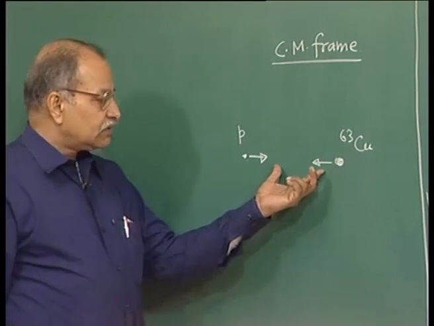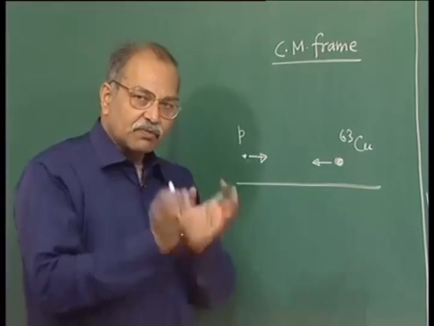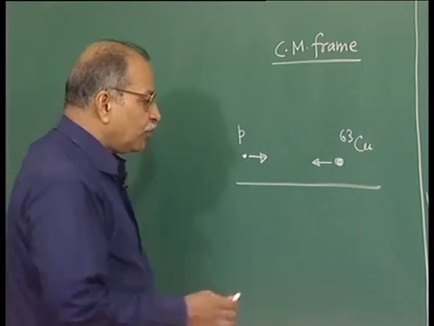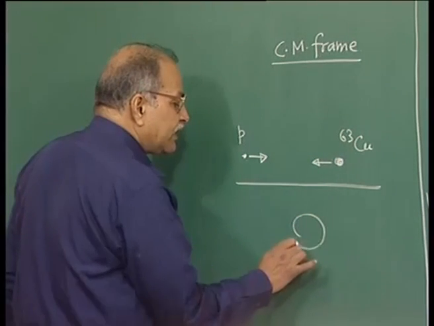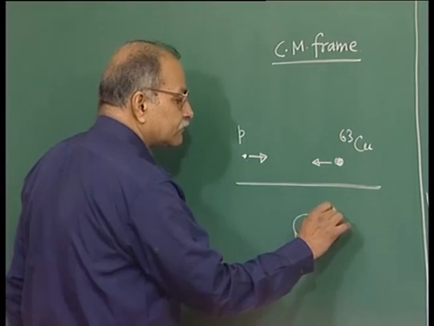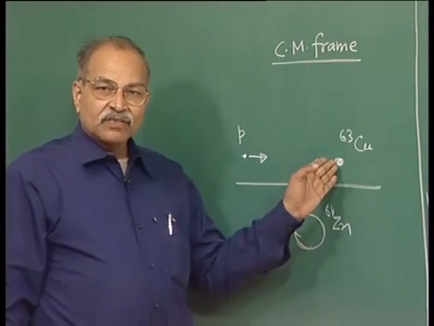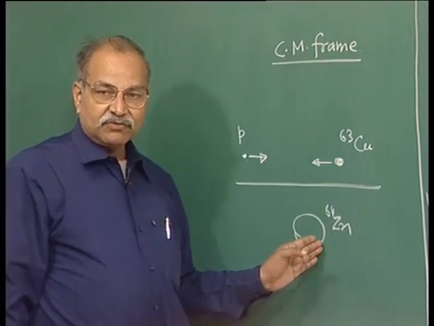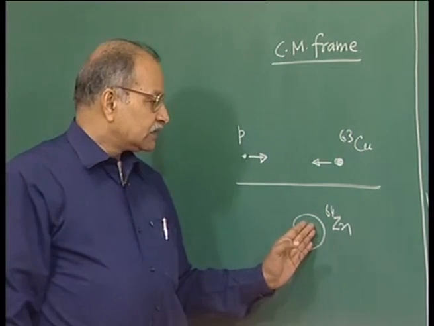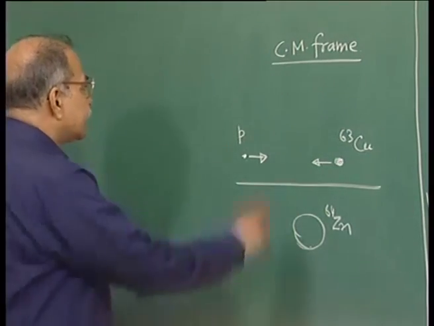That is before the event, and once the proton gets absorbed into this copper nucleus making 64 zinc, the whole particle should remain at rest in the center of mass frame, right, because the total momentum is 0. Since this is one single particle, it has to be at rest.